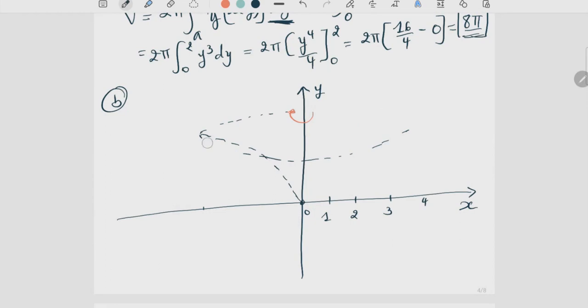So you would get something that looks like this. I think this is a little bit closer to what you would get.